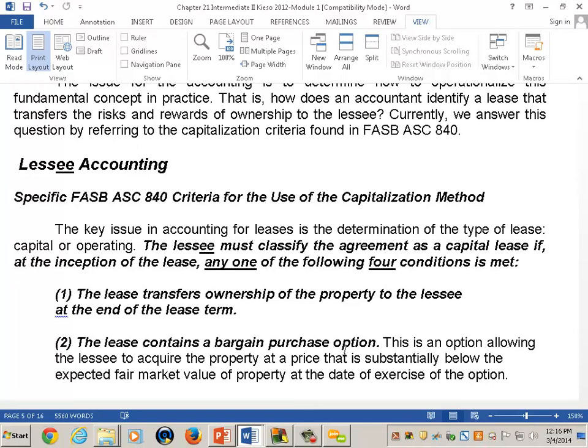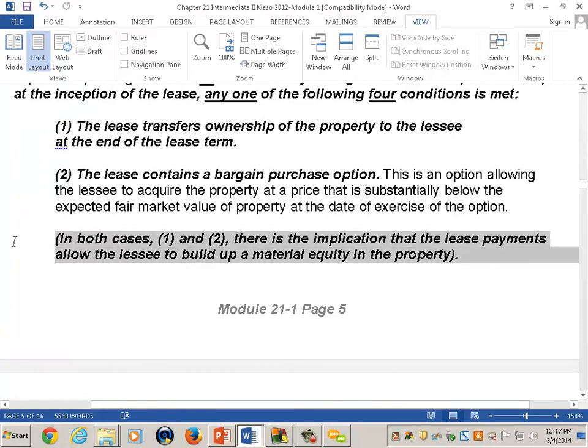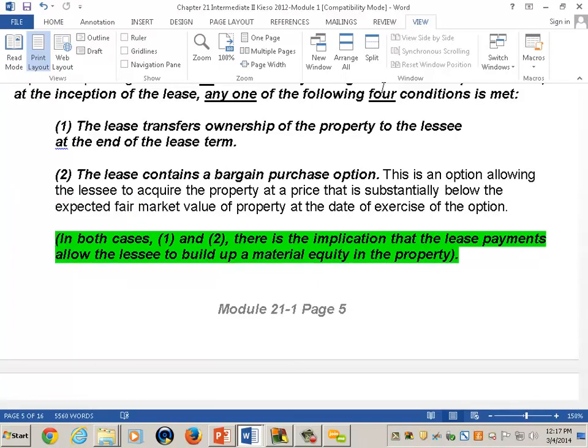So what this implies is that the lease payments have built up a material equity in the property. So it's essentially like buying the asset. So it's the same thing as making a loan payment. So I think these two are obvious, right?